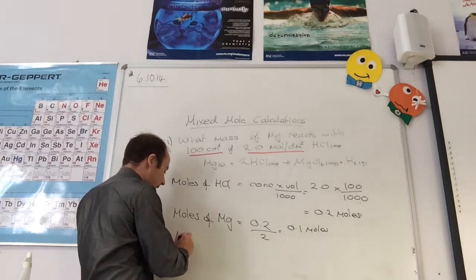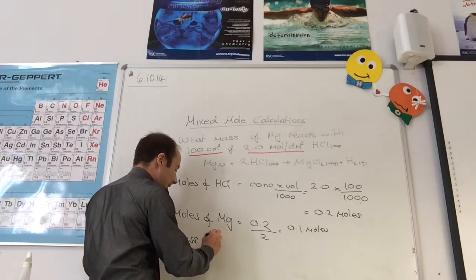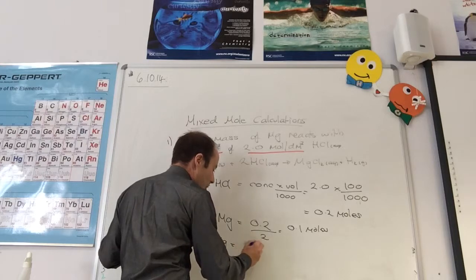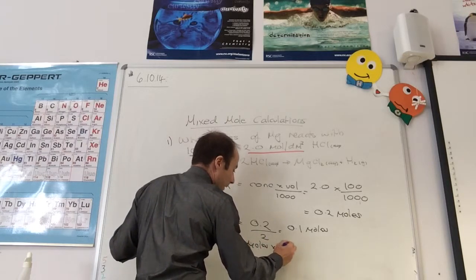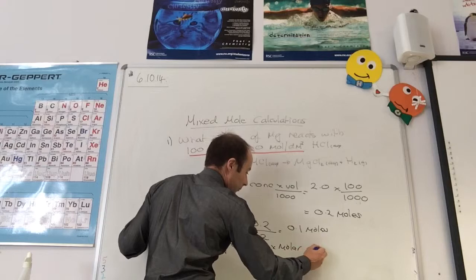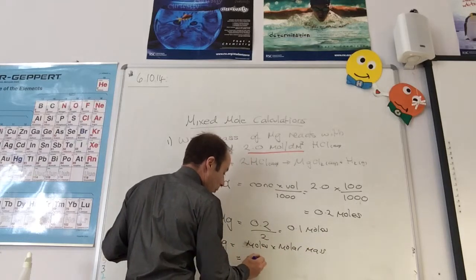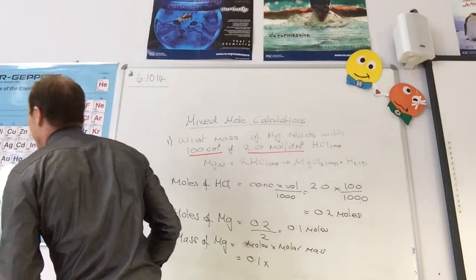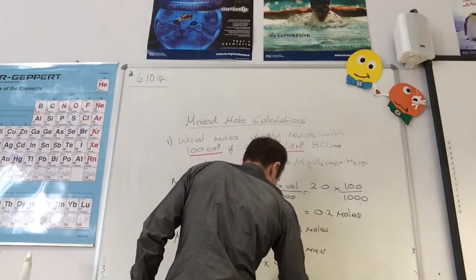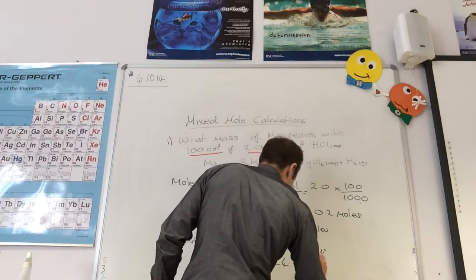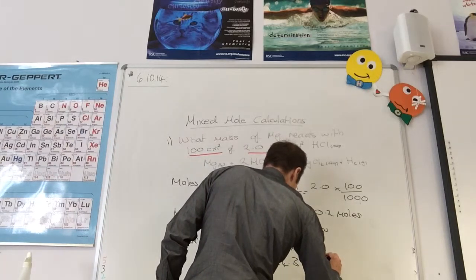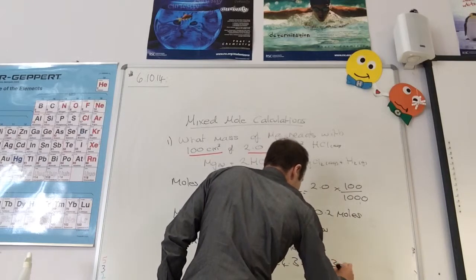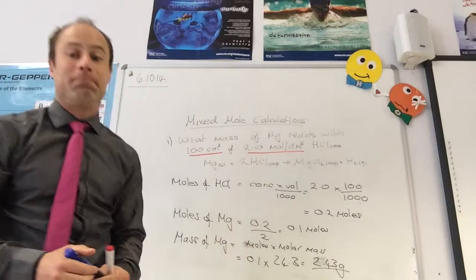And then finally, I convert moles to mass of magnesium, which is moles times molar mass, which gives me 0.1 times the molar mass of magnesium, 24.3, which gives me 2.43 grams of magnesium.